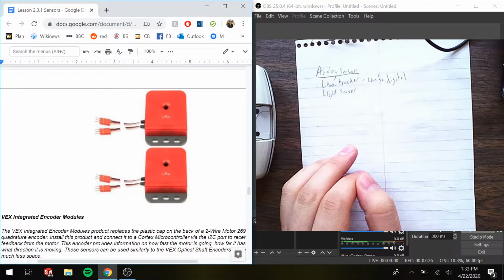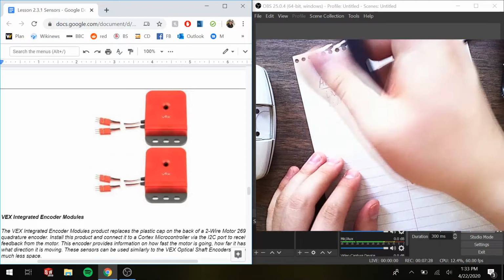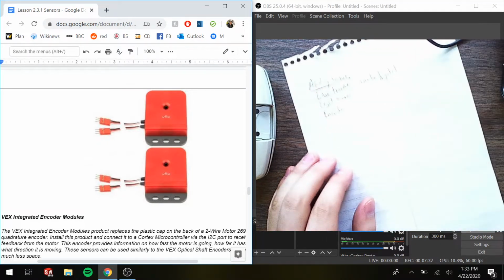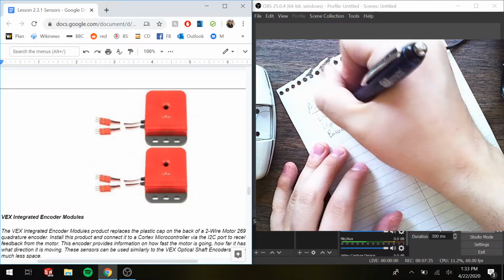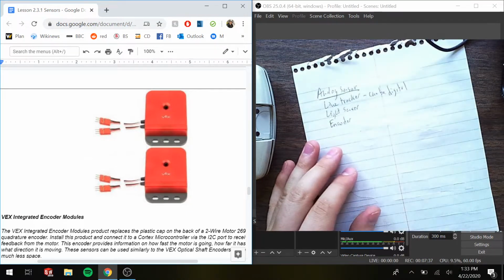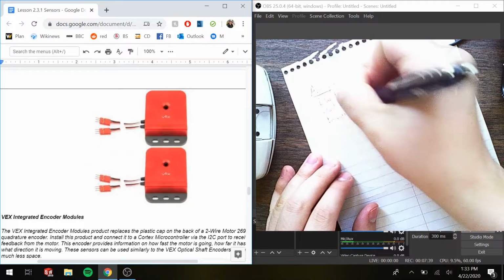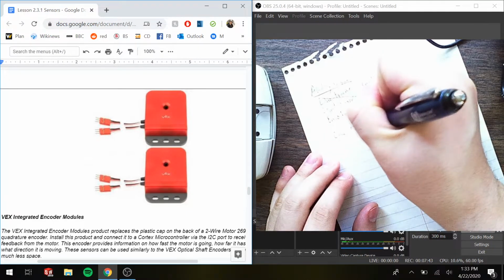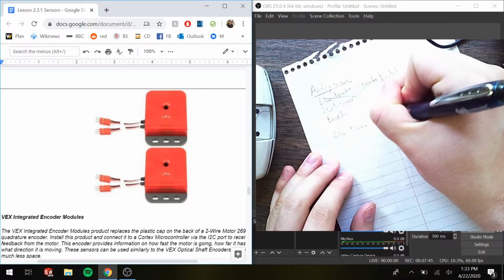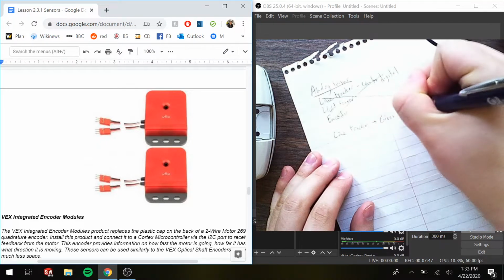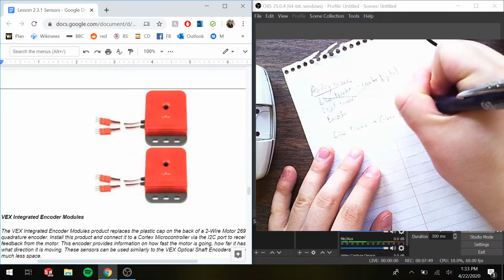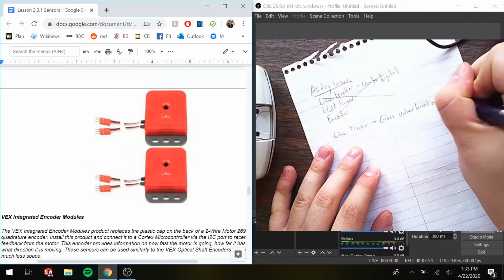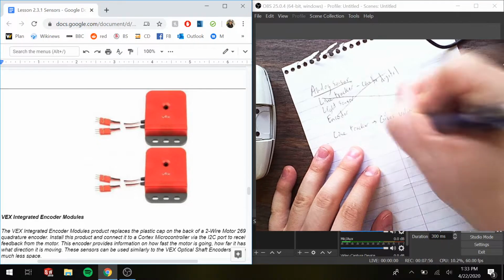Another is an optical encoder, or an encoder. Let me actually go back and define some of these. So I'll backtrack. A line tracker gives values based off the color under it.